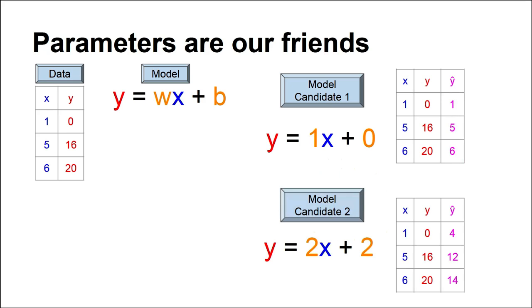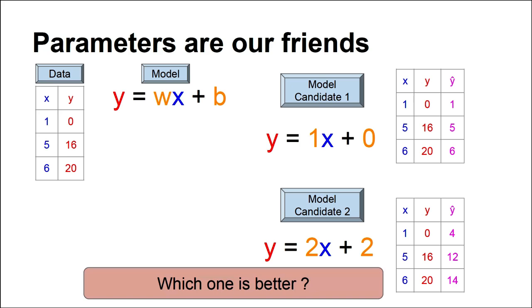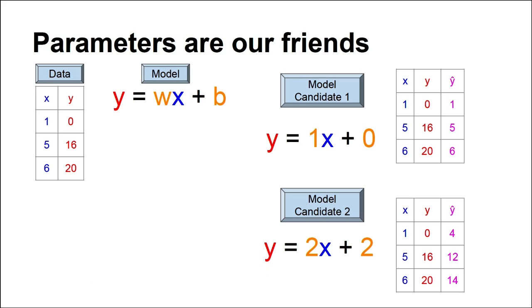Now I will do this again with a different parameterization, so different values for w and b, and that is the value that you would get. The question that we want to ask is, which one is better? Until we can answer this question, there's nothing we can do, because we cannot evaluate which model is better. We don't even know what the meaning of the model being better at this task than another model is. So what can we do?